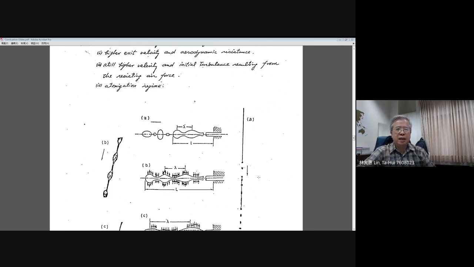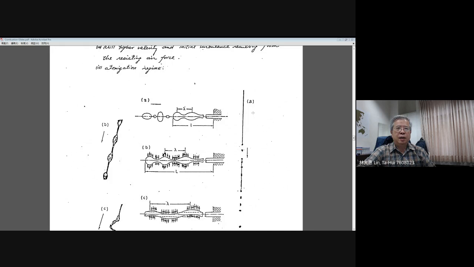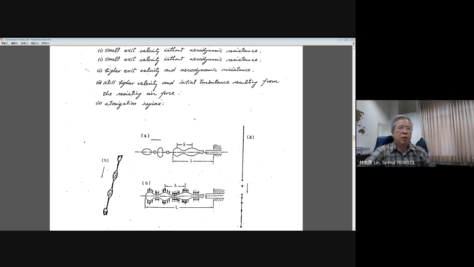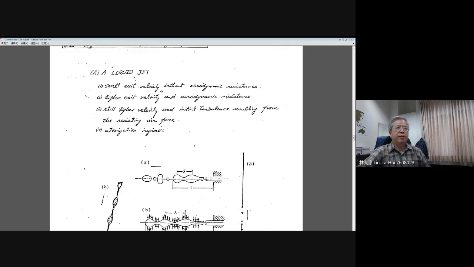Okay, you can see here, as the injection exit velocity of this liquid jet is very small, the liquid jet can continuously retain its shape until a certain point where it breaks up, one droplet at a time, like this. This is figure A, corresponding to the small exit velocity.